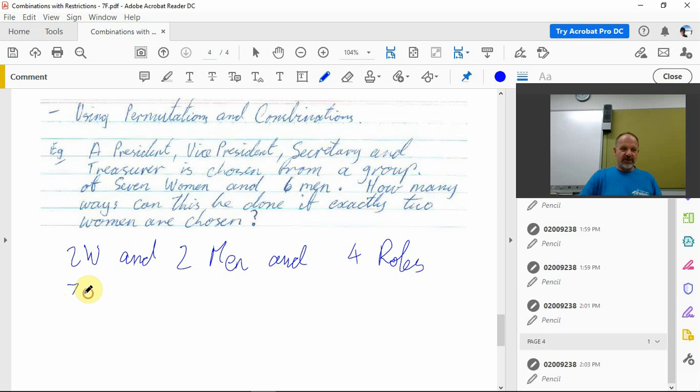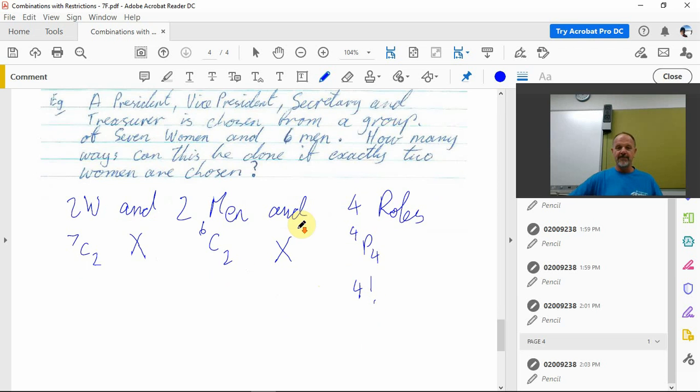So we've got 7 women, we're selecting 2, times 6 men and we're selecting 2, and we've got 4 roles. So 4 roles for these 4 people to fit, 4P4, which is just 4 factorial for those that have remembered that.